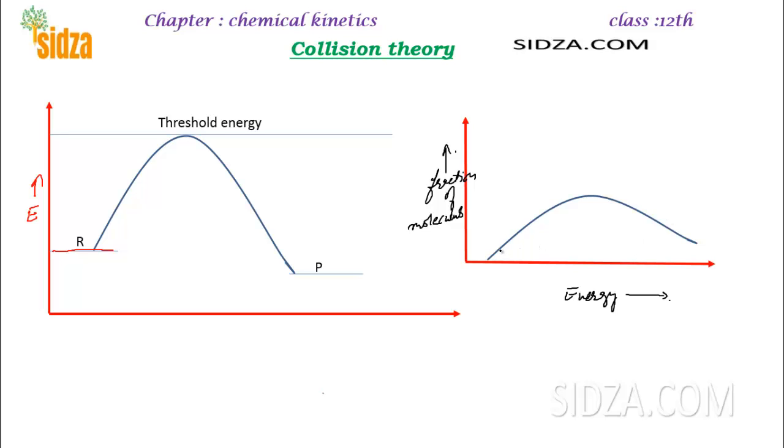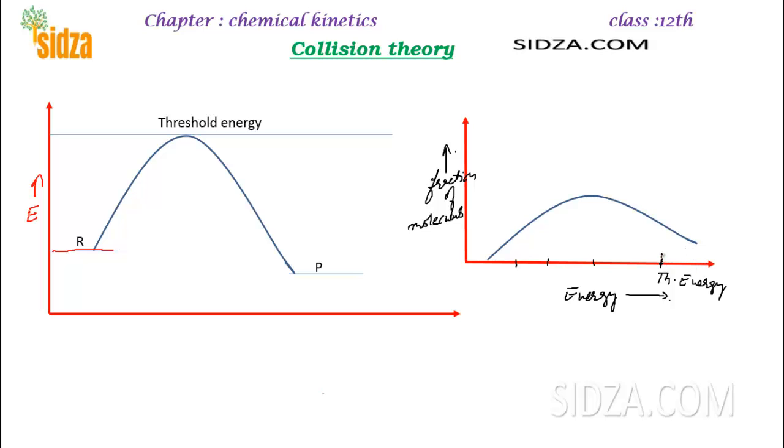When we look at the energy distribution curve for the different types of molecules in the reactants, suppose this is the graph showing different fractions of the molecules having different kinds of energies. And let's say this is the threshold energy. That means the molecules having energy equal to the threshold energy or more than that, only those molecules will form the product when they collide.